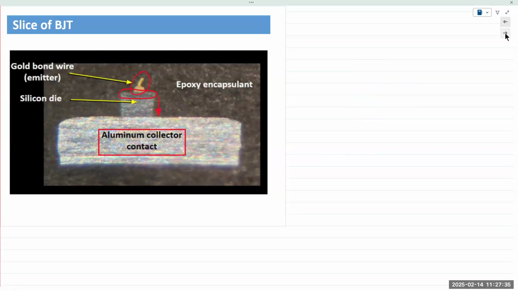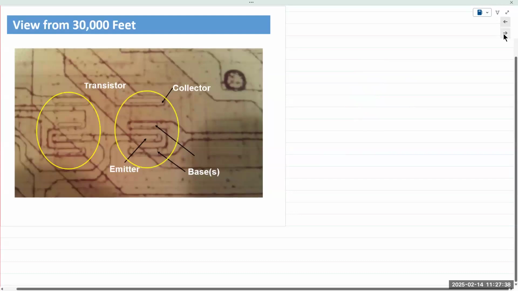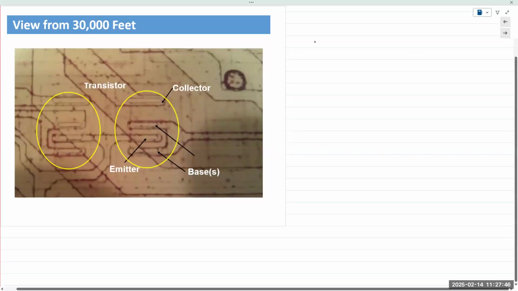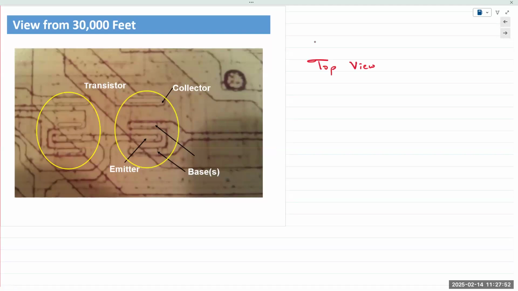Looking at it from the top, that's what it would look like. If you fabricate this, whether it's discrete or in an integrated circuit in a microchip, this is the top view. You have the emitter in the center right here. These lines are simply contacts.